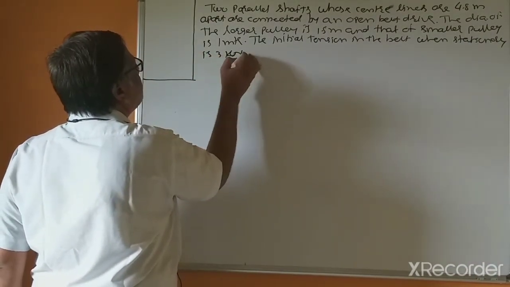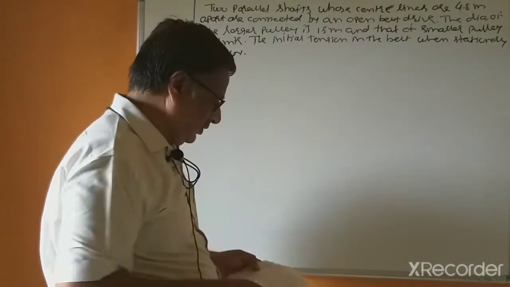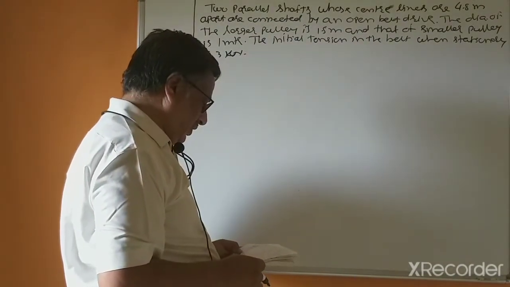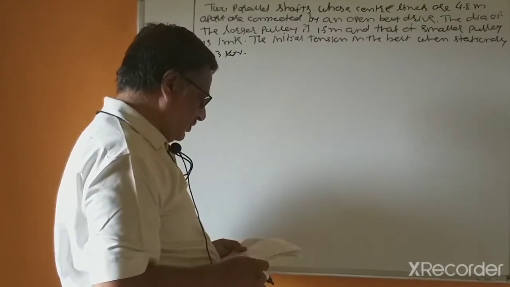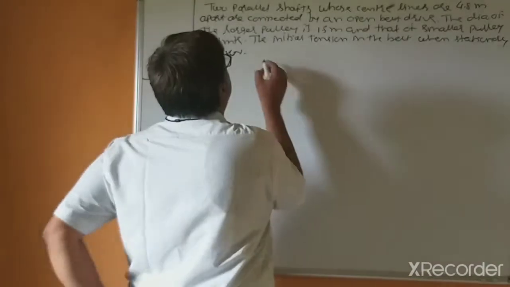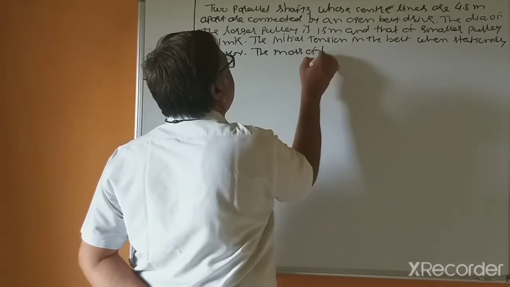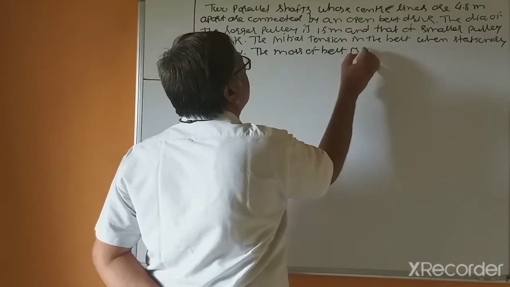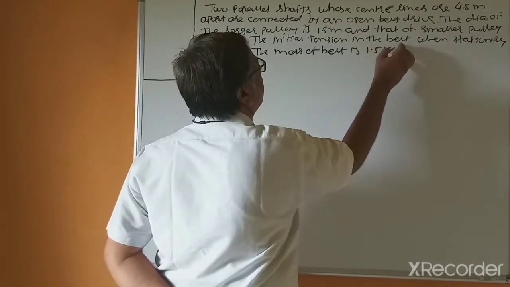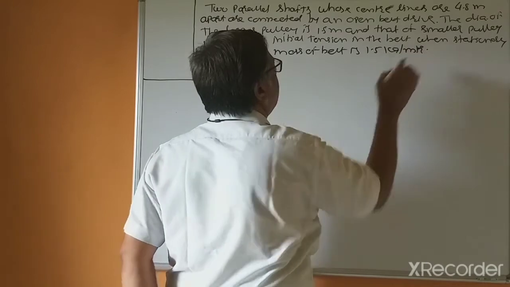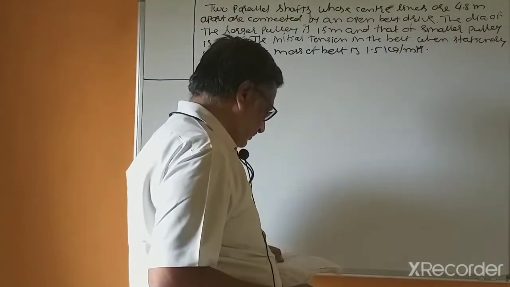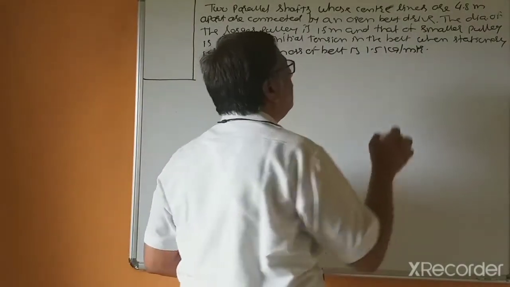So we'll discuss what is meant by the initial tension. The mass of belt is 1.5 kg per meter length.